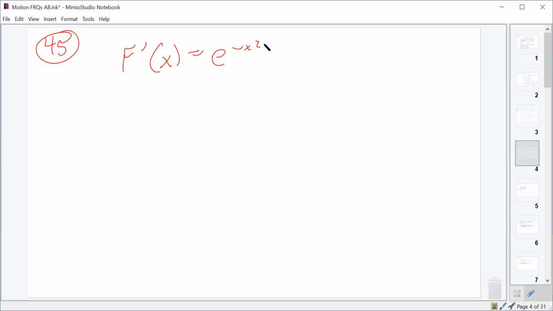And let's see, the limit as x approaches infinity of f prime of x. So they want us to figure out the limit as x approaches infinity of f prime of x using a graphing calculator. That's kind of an annoying one.